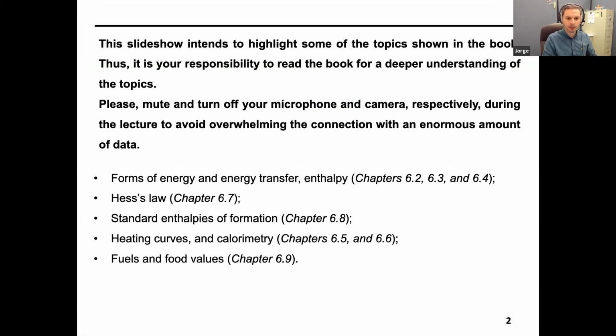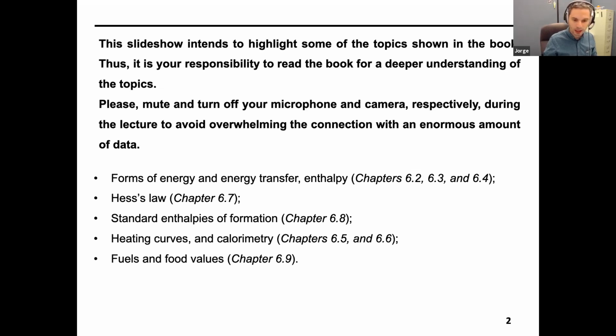Then we will move on to Hess's law, talk a little bit about standard enthalpies of formation, heating curves, and calorimetry. And to finish, we will discuss the different fuels and food values.